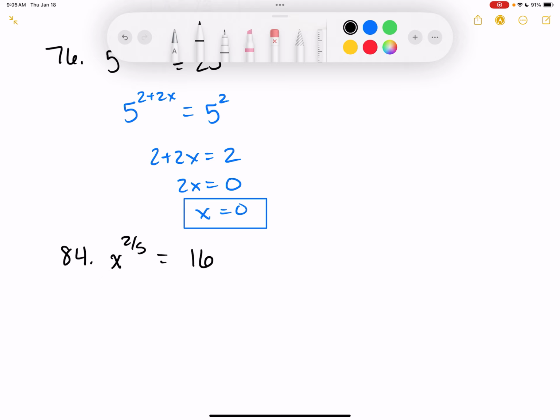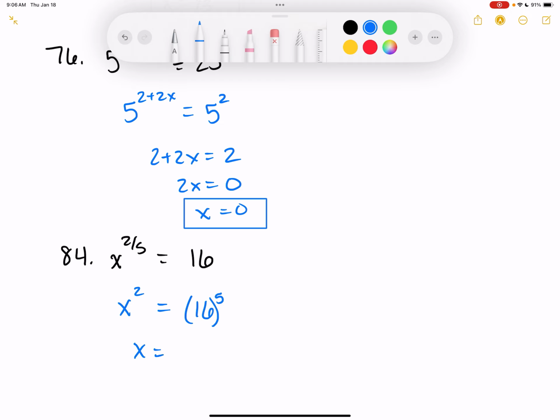So I'm going to have x squared is equal to 16 raised to the 5th, which I'm going to wait on for a moment before I multiply that out. Try to make it slightly less miserable. Now what? Square root. Yep, take the square root because then that puts x by itself.